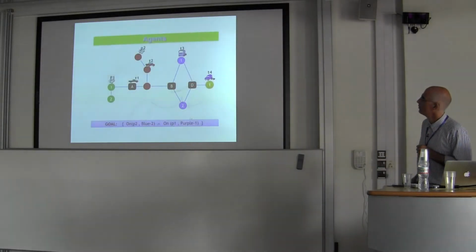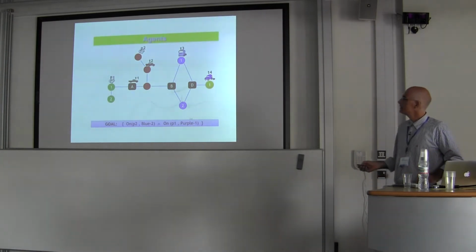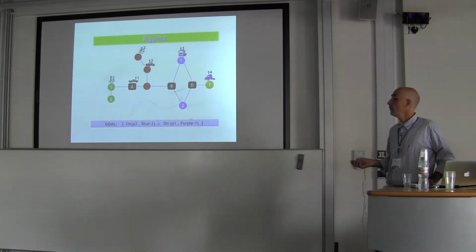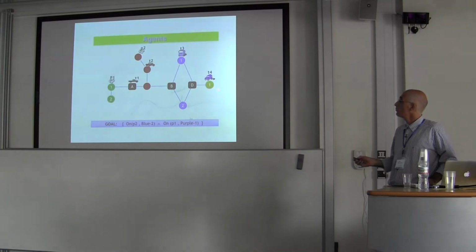So here's another example illustrating this. In this domain, a logistics domain, we have 4 different trucks and 2 packages. Each of the trucks can reach locations that correspond to its own color, as well as these hubs, or places where they can exchange goods.